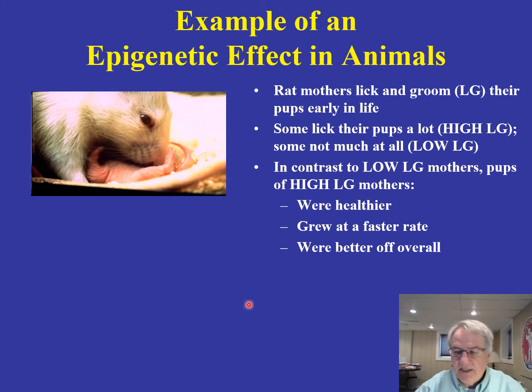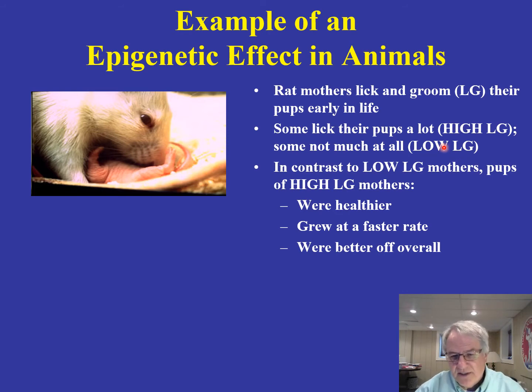Rat moms can be classified as either mothers who lick and groom their offspring a lot, which we call high lick and groom mothers, or they can be classified as low lick and groom mothers. That is, they still stimulate their offspring, but not anywhere near as much. So again, we have this variation in the degree to which the mother is spending time with her offspring, licking them and caring for them.